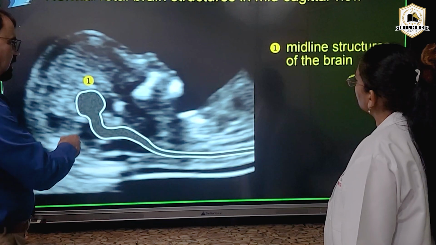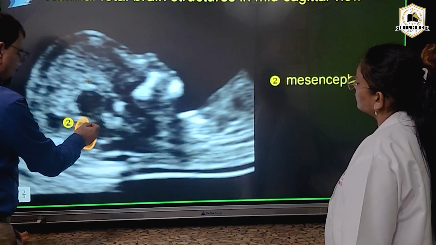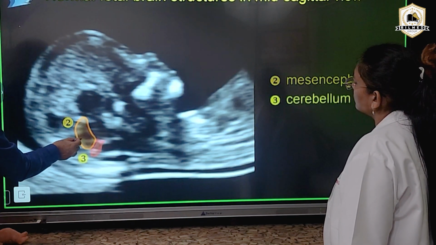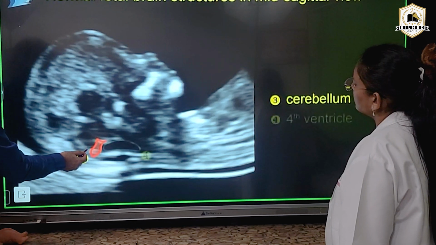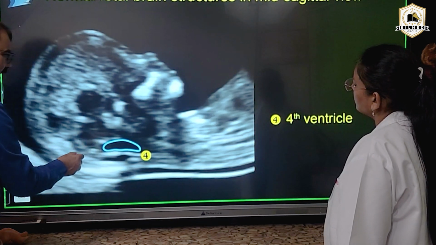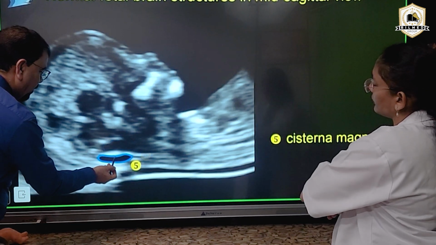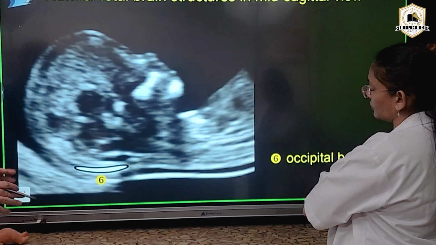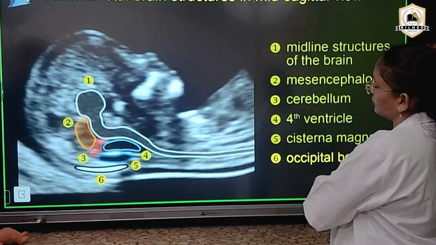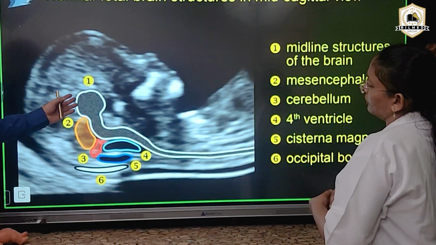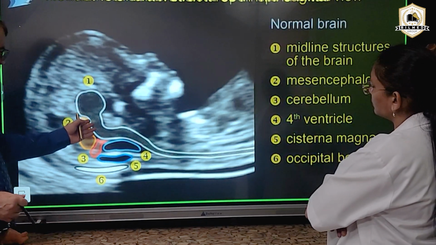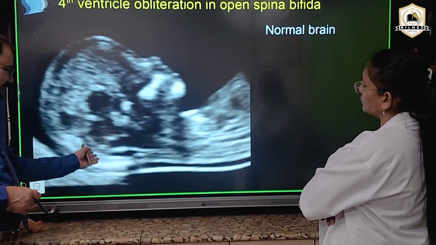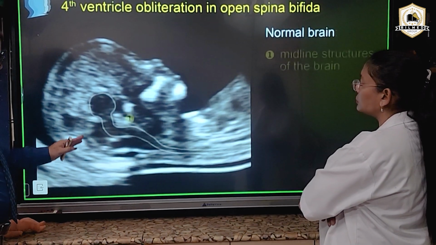Now, I have a midline structure over here, mesencephalon, cerebellum, which we have just discussed, the fourth ventricle, and the cisterna magna in normal cases. But what will happen if this midline structure of the brain gets displaced? Try to understand.